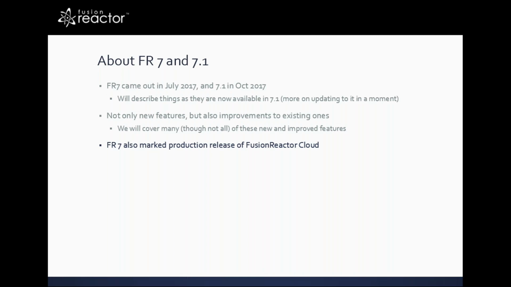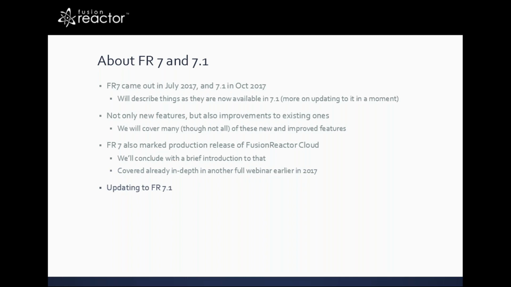If you're not familiar with that, we'll talk briefly about it at the end. There was a whole webinar on FusionReactor Cloud earlier in 2017. So if it's new to you and you get intrigued and want to learn more, check out that webinar for more on just the cloud.